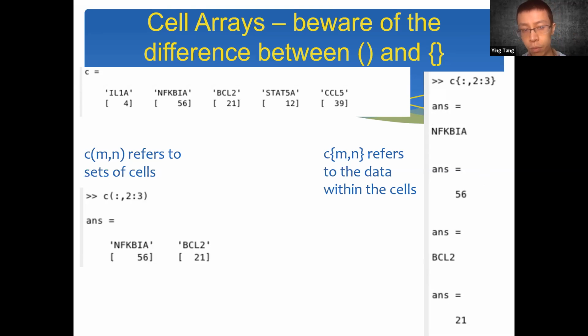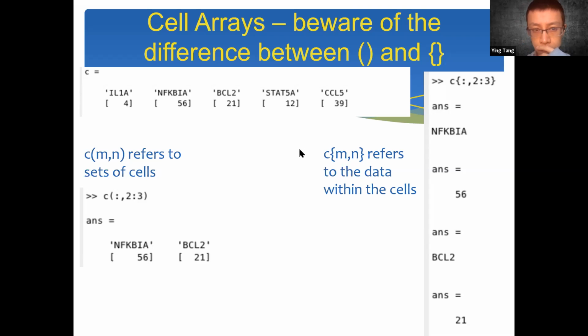So the data structures are different by these two ways. The first is still a cell, just a sub block of a big cell. But the second takes out the data inside that unit. So that's a key difference, very important.